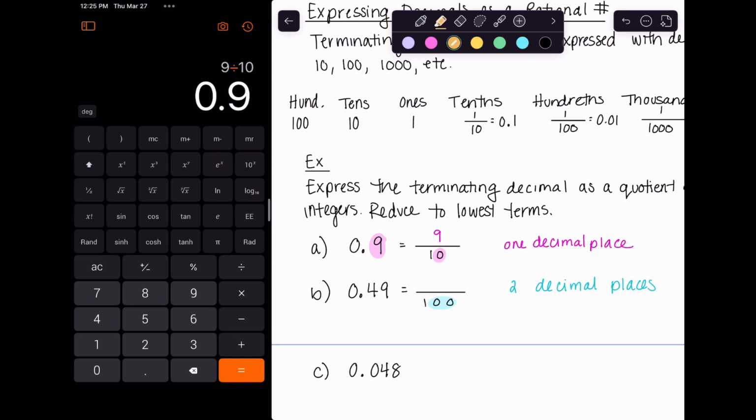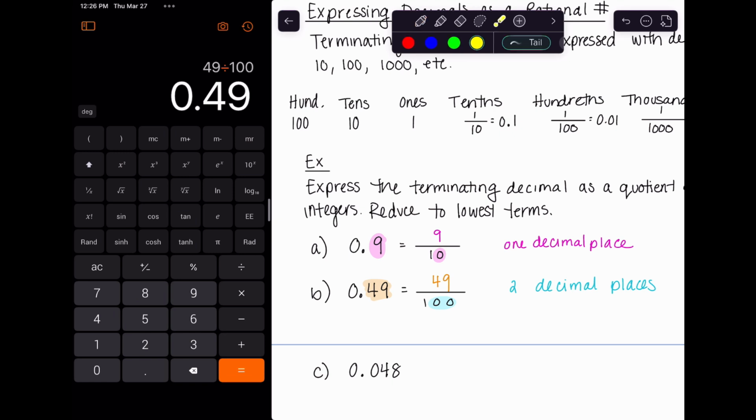And all I do is I take those significant numbers and I divide it by 100. So if I plug that into my calculator, 49 divided by 100 indeed gives me 0.49.